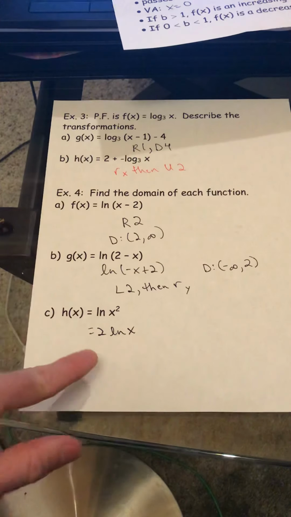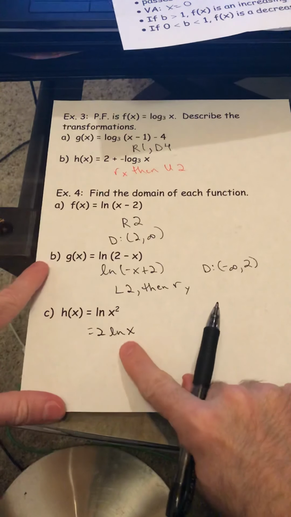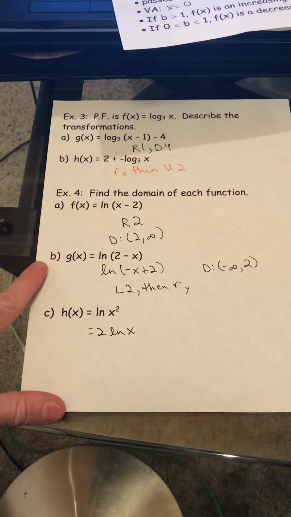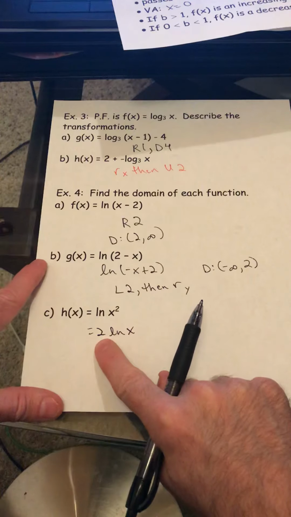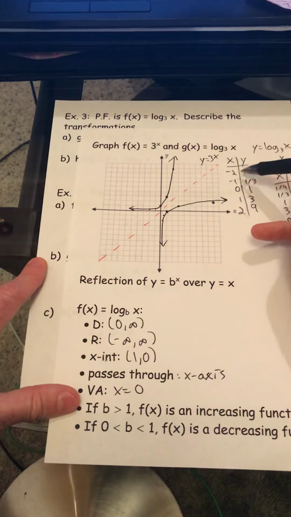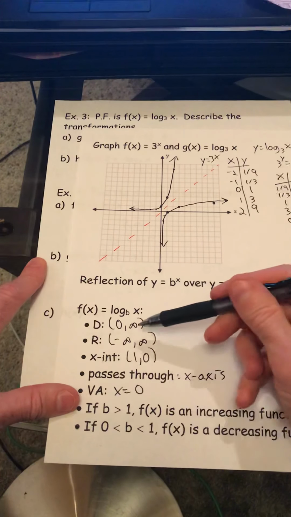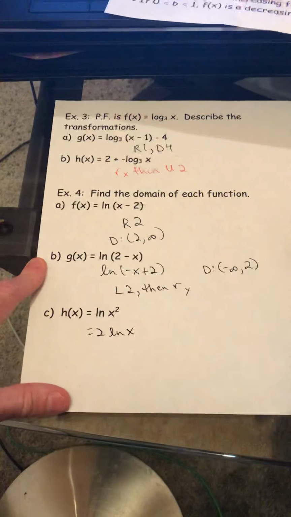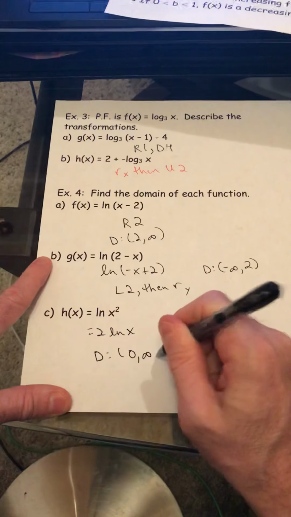And so if you have 2 natural log of x, we'll talk more about this as we get into properties in the next section. But if you have a number out in front, all that's going to do is stretch it vertically. If we stretch it vertically, it won't impact your domain. So it still is 0 to infinity.